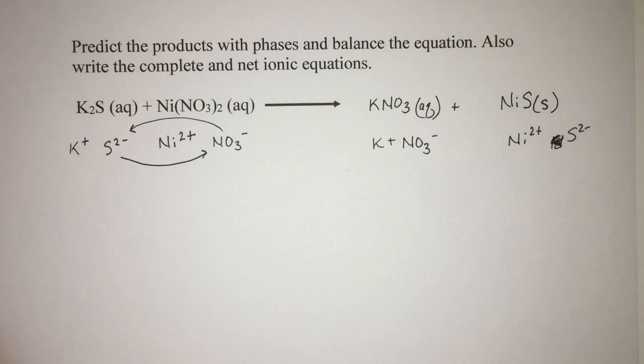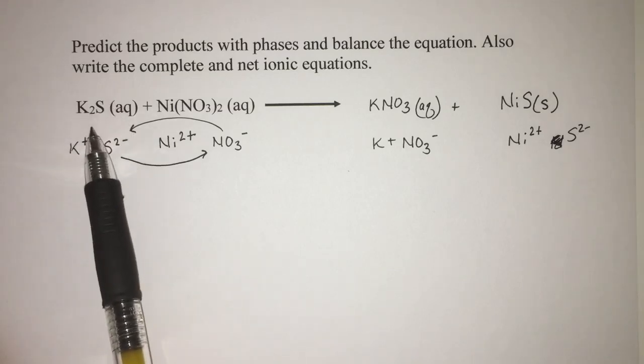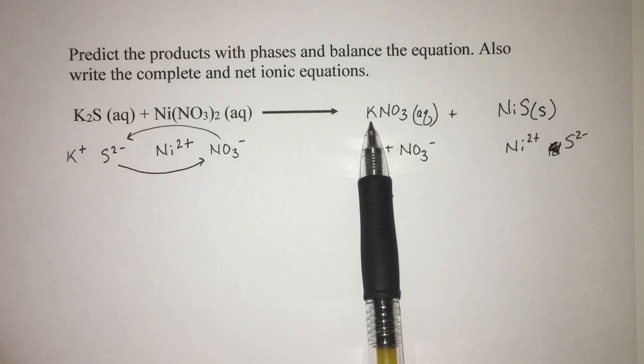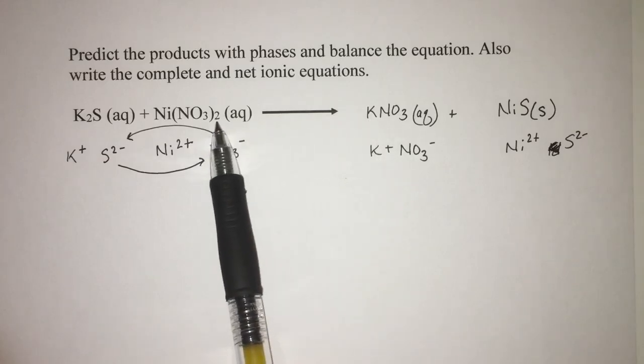Let's balance the equation. We need a balanced equation in order to do stoichiometry. You notice that the equation is not balanced. So just to balance by inspection, inspection just means look at it. There's 2 potassium. Over here there's 1 potassium. There's 2 nitrate.